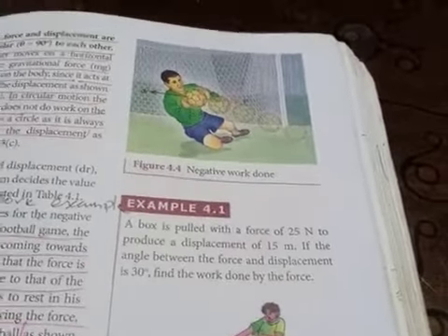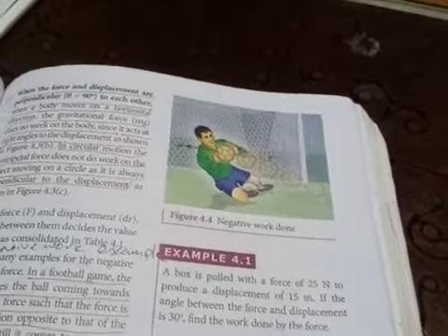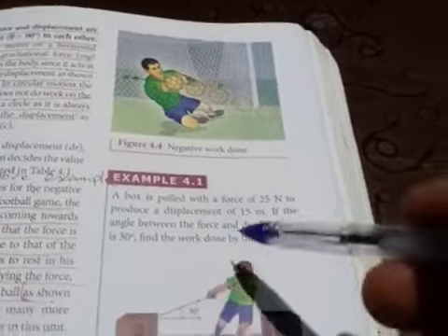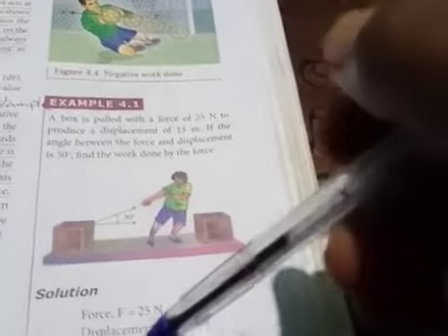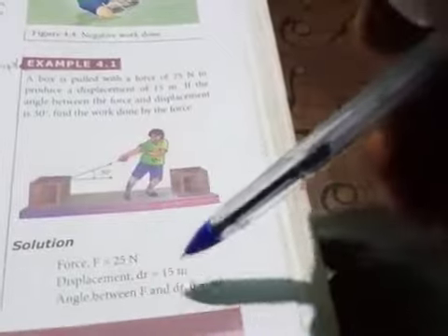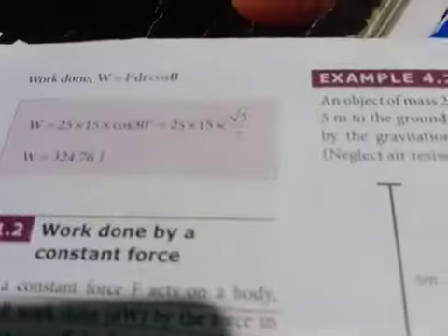We can also go through example 4.1, a small problem, so that you can use the formula W equals F dr cos theta. It is a simple problem.